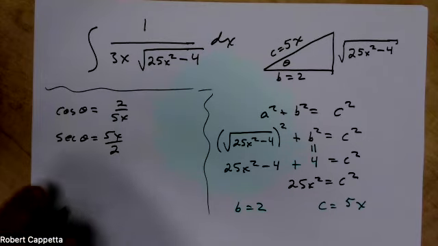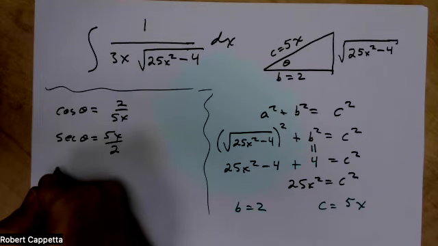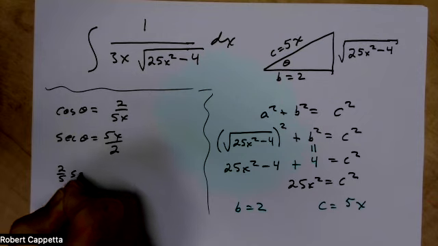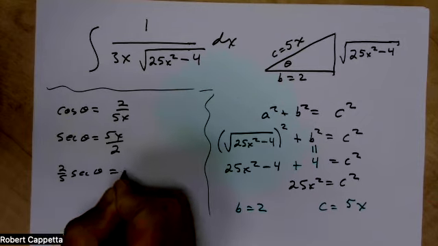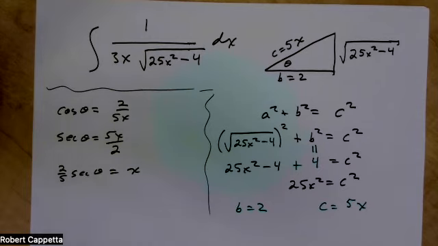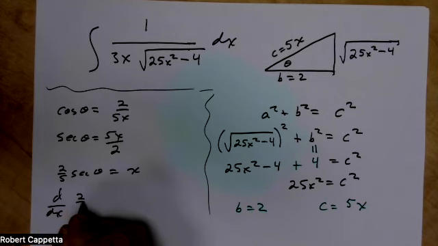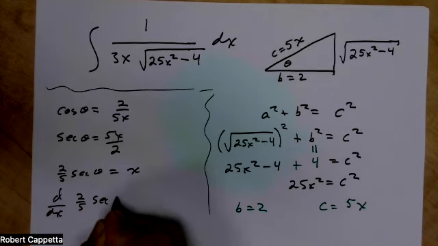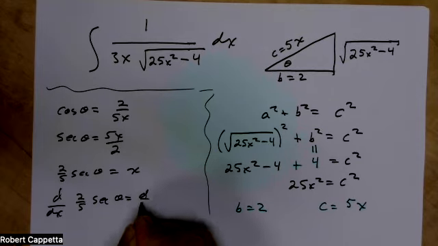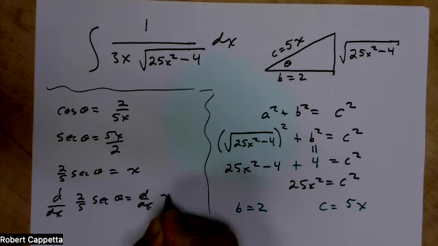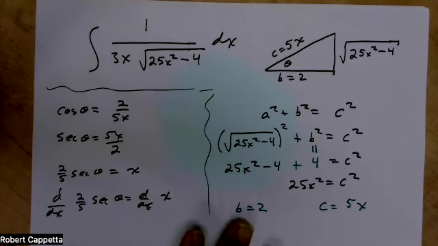How do we get that? 2/5 of secant theta equals x. Let's take the derivative with respect to x of both sides. The derivative with respect to x of 2/5 secant theta is the derivative with respect to x of x. What do I get?